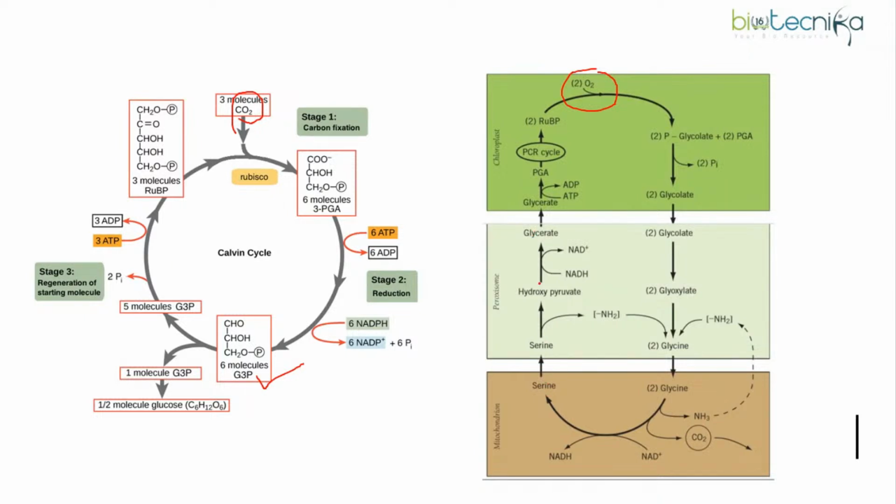From there it will form hydroxypyruvate, then glycerate, which will be transported to chloroplast, where it is going to get converted to PGA, which is going to enter the C3 cycle. Ultimately, it is entering the C3 cycle only, right? And then again you are getting this glucose, and you're regenerating back RuBP. Okay, so there are a whole lot of steps involved here.